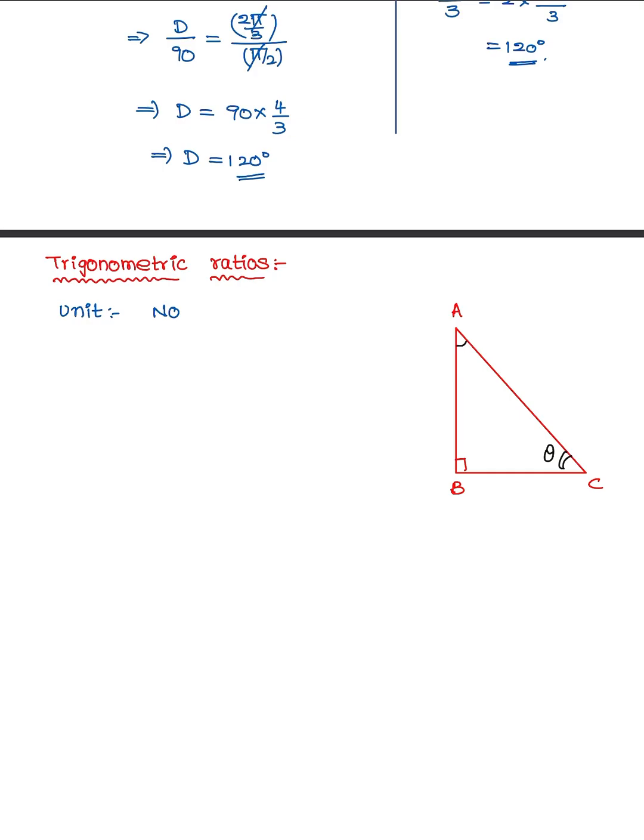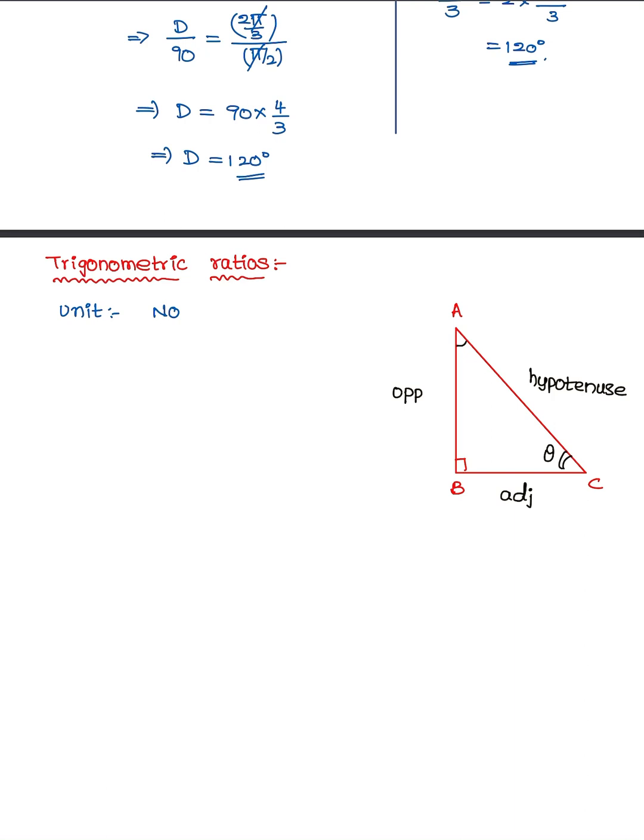For this C, AB is the opposite side, opposite to theta. AC is the hypotenuse, and BC is adjacent to theta. So remember: opposite to this theta, adjacent to this theta, and the hypotenuse.